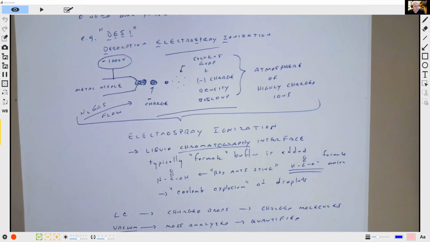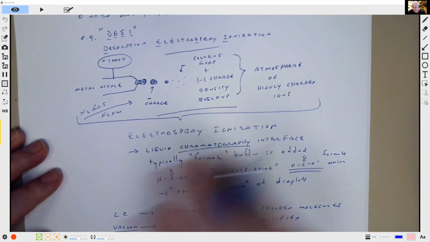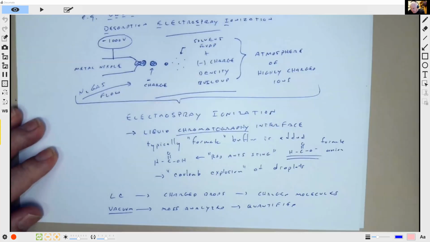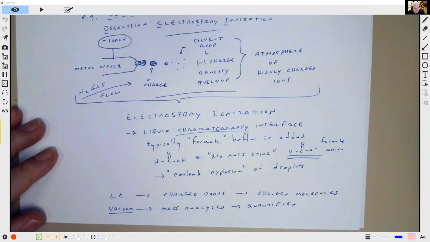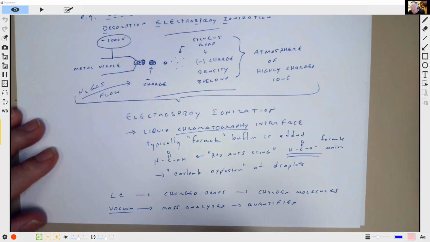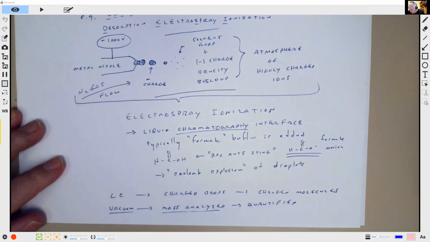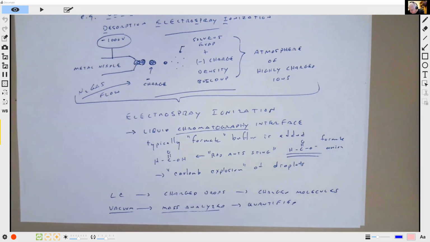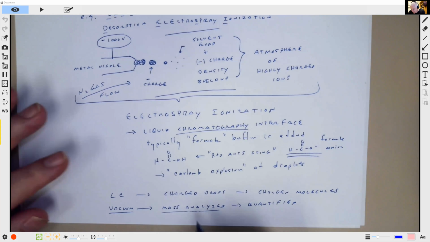And so the mass analysis of ions, that's a whole interesting subject.